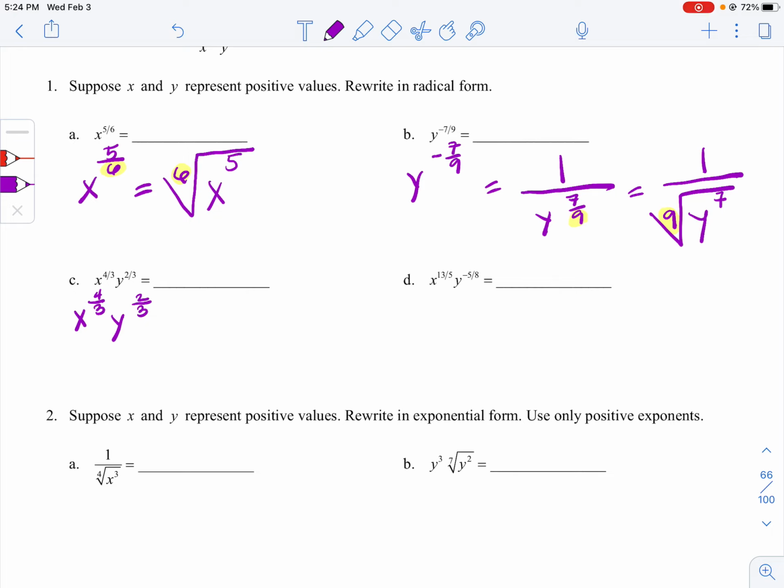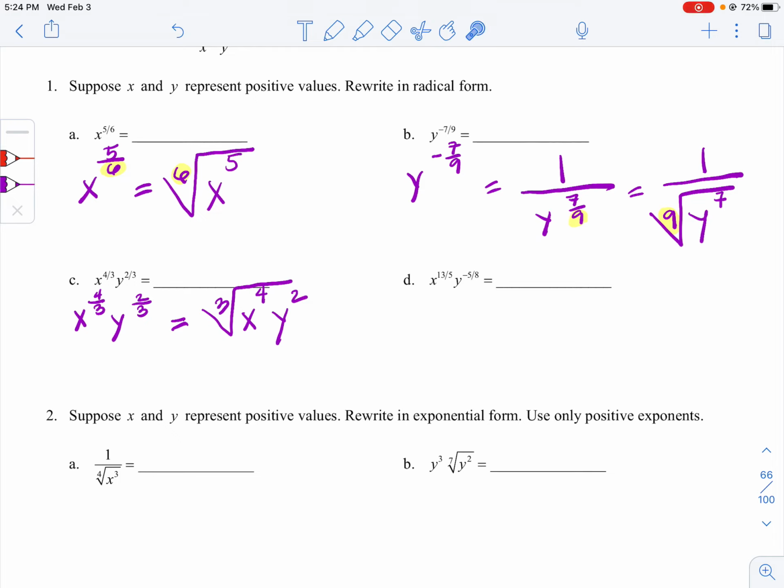Okay, I'm going to write that equals. So that is x to the power of 4, right? And it's going to tell me what kind of root it is. So it's a cube root. And then I'm also going to write y. But then, 2 y's, right? y times y, or y squared.